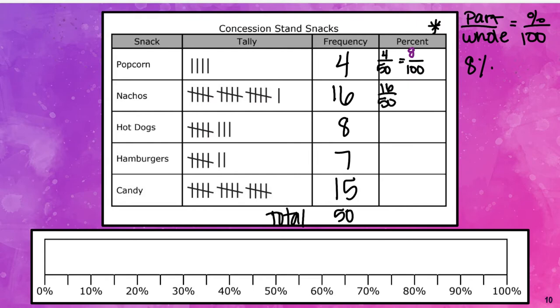Now nachos had a frequency of 16 out of the 50 total, and I want to know what my percent out of 100 is. So I'm going to use the same thinking. So if I multiply 16 by 2, I get that nachos are 32%. And I'm going to continue that thinking for the remaining rows.